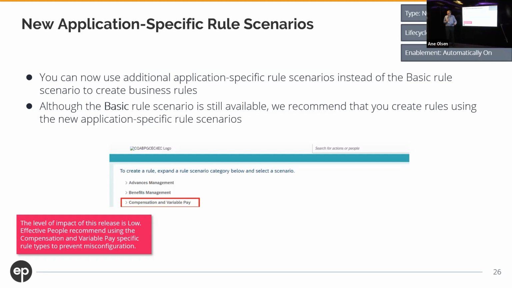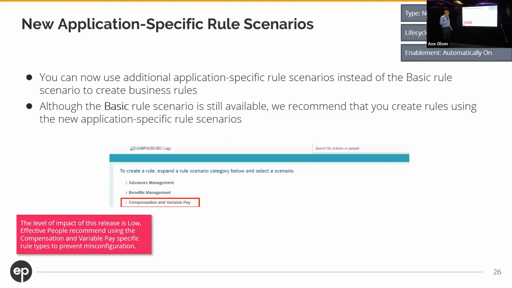So now the basic rule that you normally would have changed or would have used is now either a compensation and or a variable pay rule. The system would, as it did for the other ones, tell you that it has tried to convert it if it hasn't done it by itself. Or it would give you a warning that you should be doing something as well.